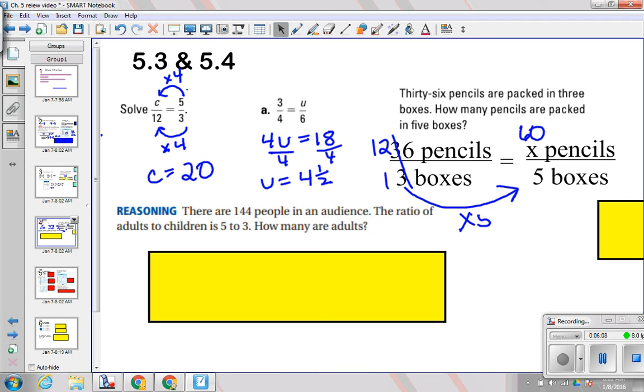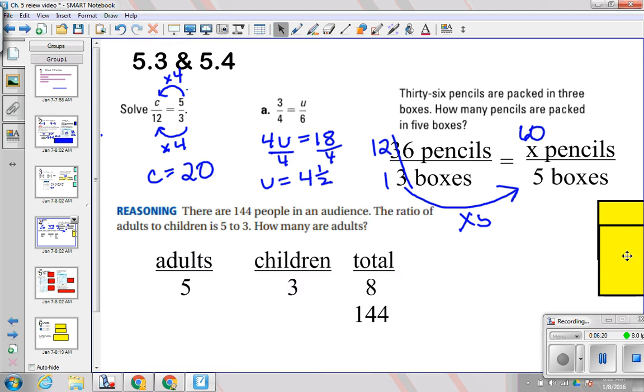Okay, so this is the type of problem where we know the parts. We know the part that's adults and the part that's children, but we have to scale it up for a larger number. So I make a chart. For every 5 adults, there's 3 children, so that's a group of 8 people. And now let's see, what do we have to multiply 8 by to get to 144?